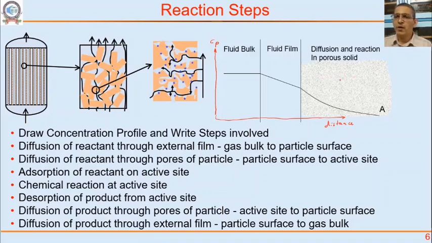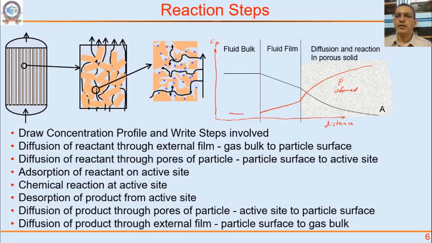So P is formed here, and P is diffusing outside. So P will diffuse out. Formation and diffusion. Then it will diffuse through the external mass transfer film, and then it will be in the bulk.